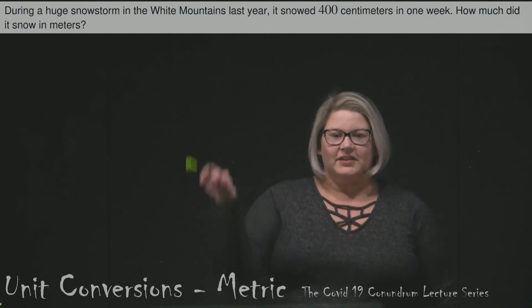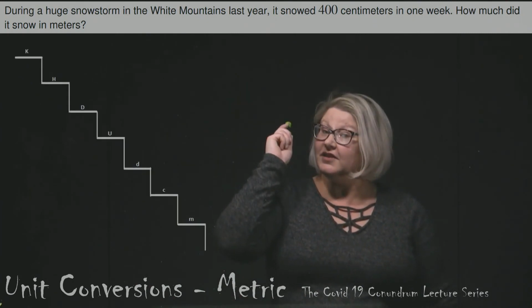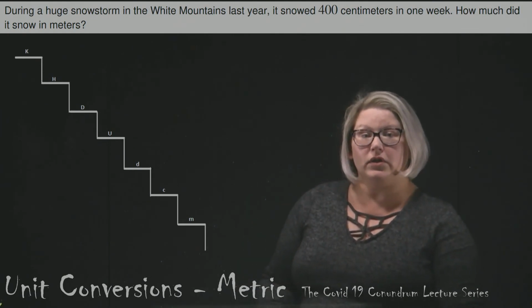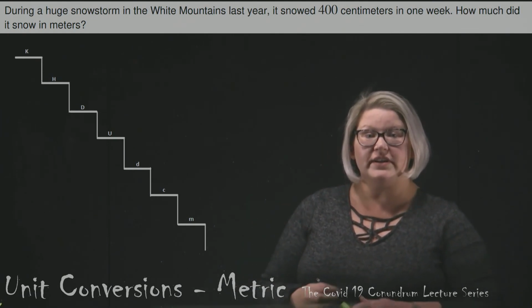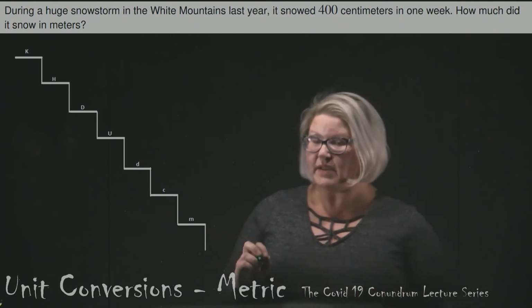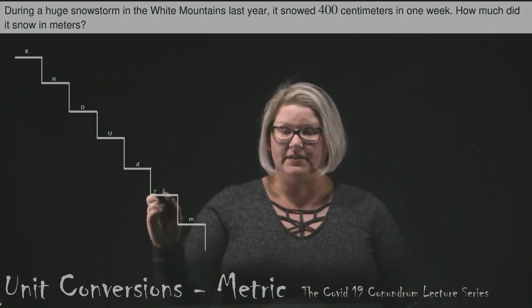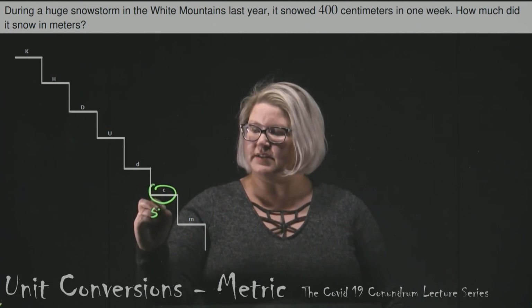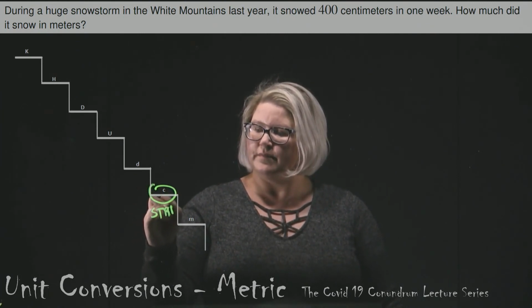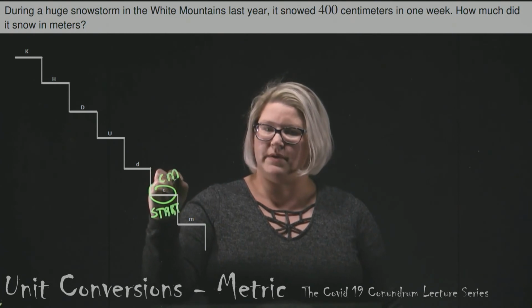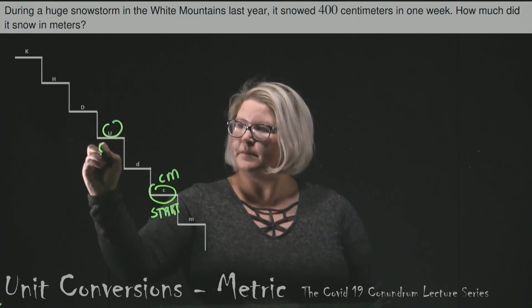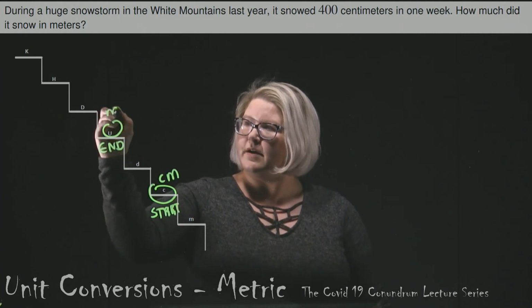All right, did you draw your step? Did you label your step? Good. Now, you're looking for 400 centimeters and you want to turn that into meters. Where is centimeters? Here it is. Okay, so that's where you're going to start. You're going to start with centimeters, and then you're going to end at your base unit of meters.